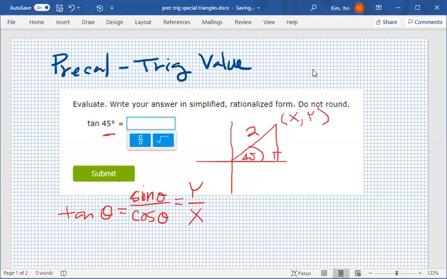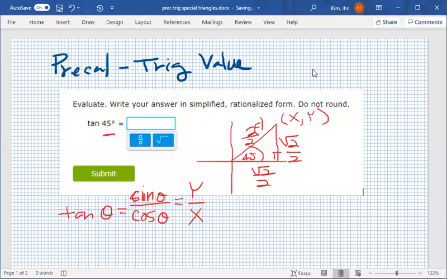Well, it's going to be radical 2, right? But then in the unit circle, remember, the hypotenuse is 1, so we're going to divide this by 2. So this becomes 1, right? Now the hypotenuse, the radius of this length right here, is 1.